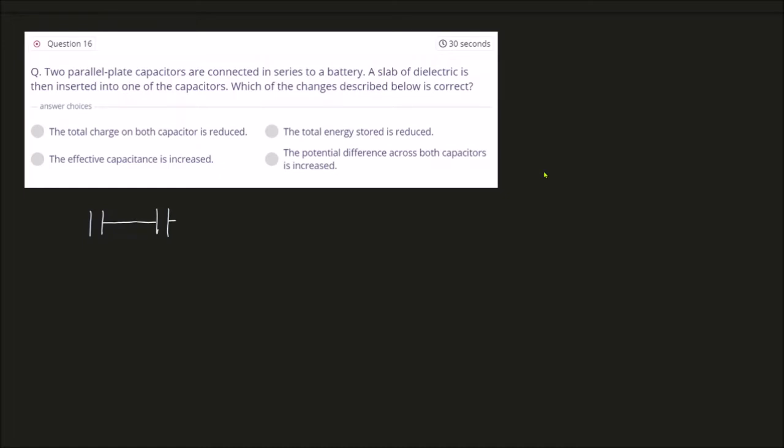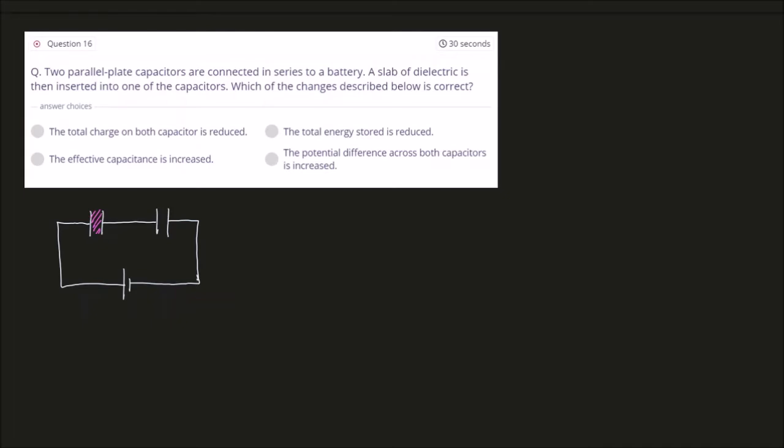Everything has to be in one loop, and this is in series with a battery. So it means these two capacitors are actually charged already. A slab of dielectric is then inserted into one of the capacitors. So let's say we put a dielectric into this capacitor over here. Then they ask which of the changes described below is correct.